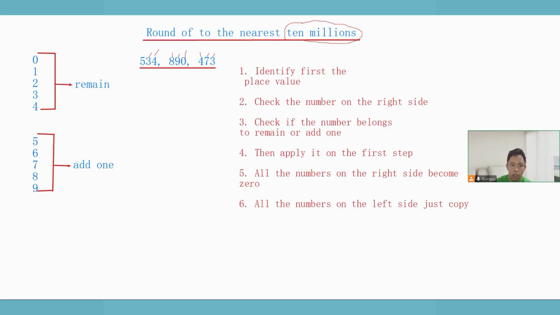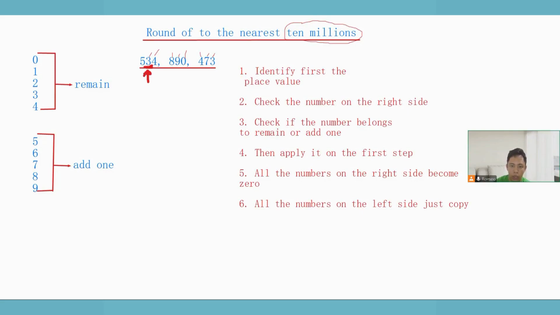It means that the number 3 here is the 10 millions value. That is the first step.